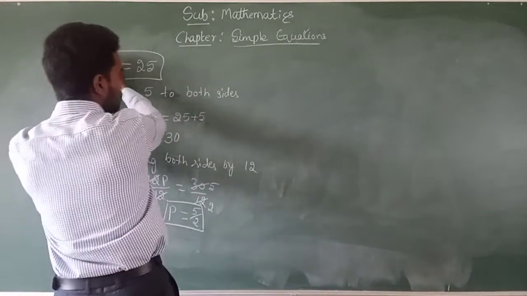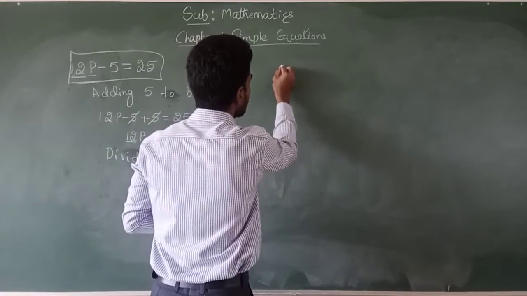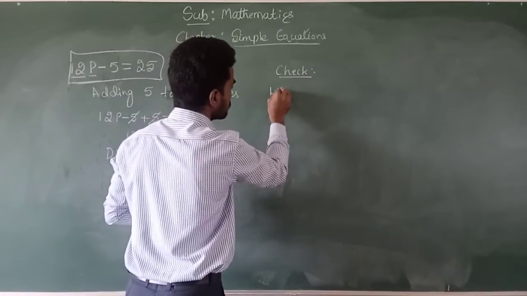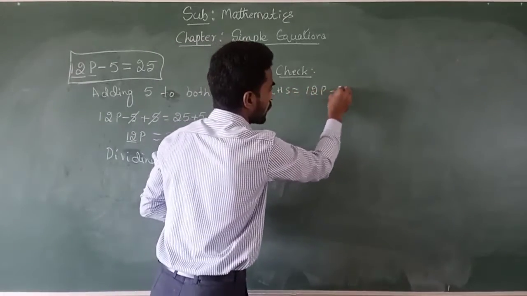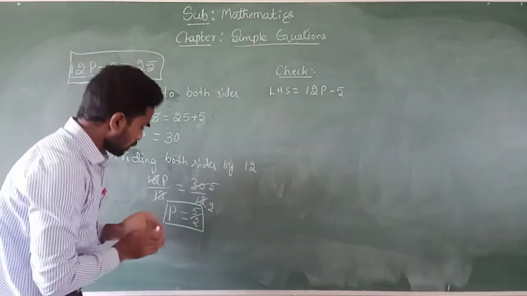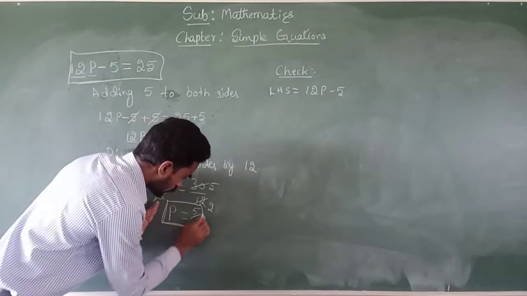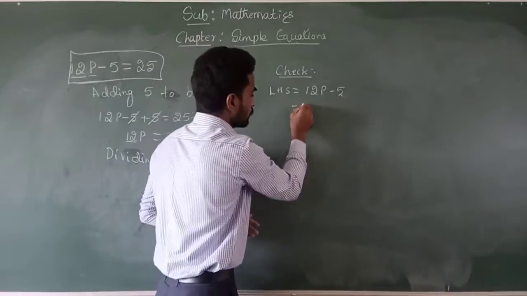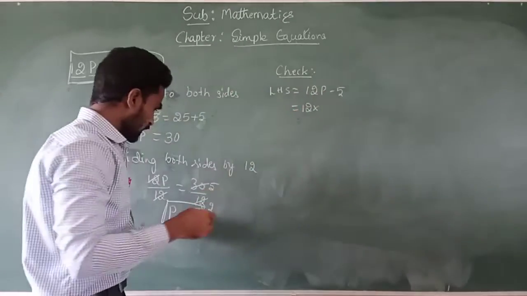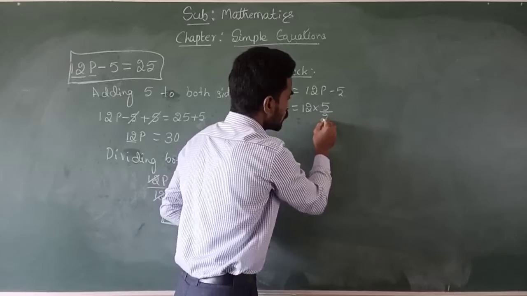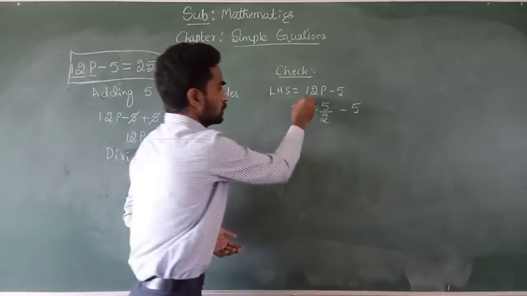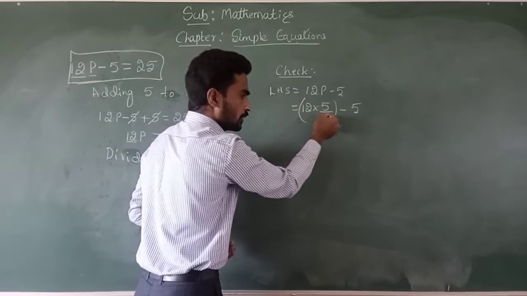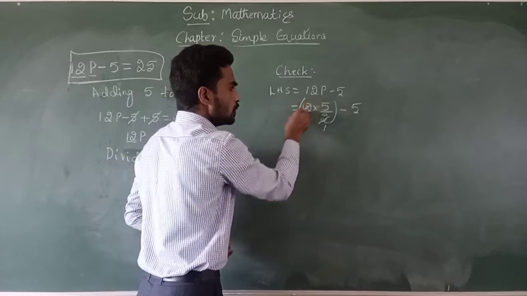Now we can check whether this solution is correct or wrong. First consider the LHS of the equation, 12p minus 5. Now substitute the solution p is equal to 5 by 2. We get 12 into 5 by 2 minus 5. In the numerator 12 is there, and in the denominator 2; 2 1s are 2, 2 6s are 12, so we get 6.